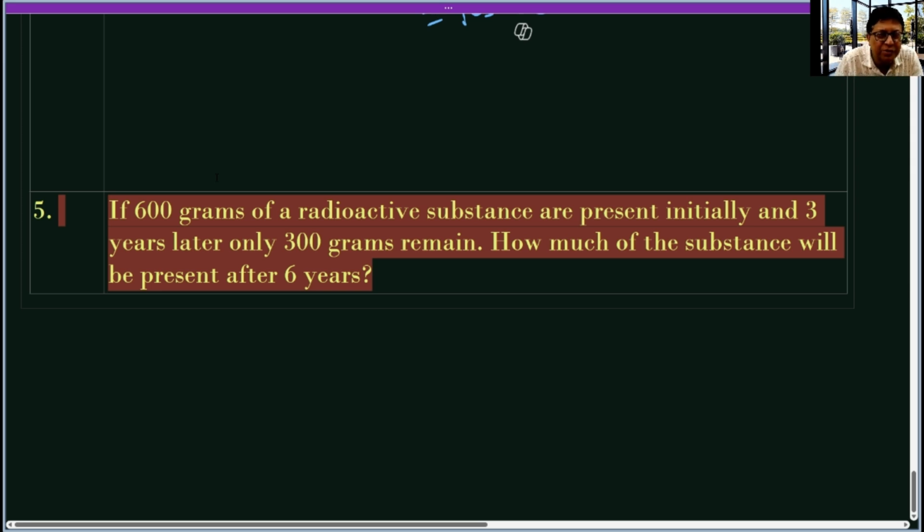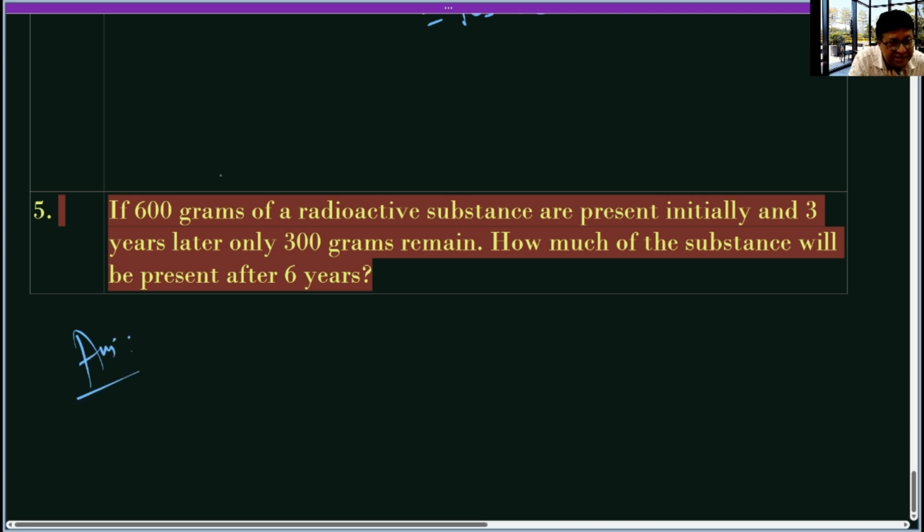Not a difficult sum at all. What is the information given? It is decay or growth, first you decide. Obviously decay, it is a radioactive substance. There is no chance of the amount growing. So it will decay.